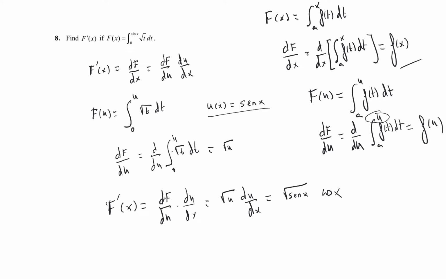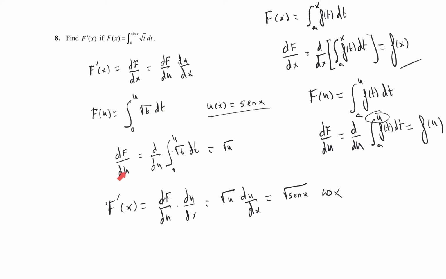The derivative of f with respect to x will be the derivative of f with respect to u multiplied by the derivative of u with respect to x. So name u of x like sine of x. So f of u will be the integral from 0 to u of the square root of t dt.